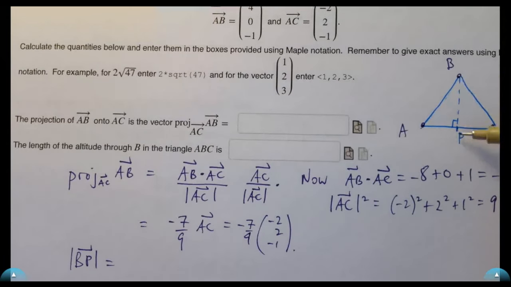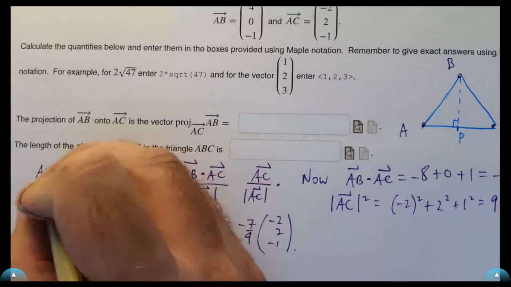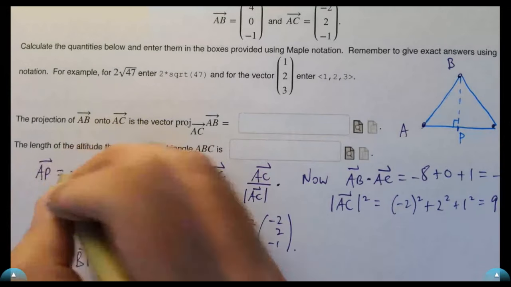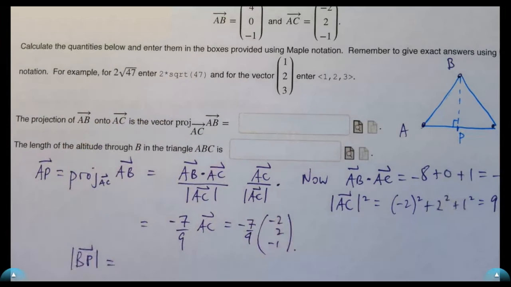All we really want is the length here. We don't need to find the point P. It's not necessary to solve this problem. But if you wanted to find the point P, can anybody suggest how you might find it? Because remember, what we just calculated up here was the vector AP.